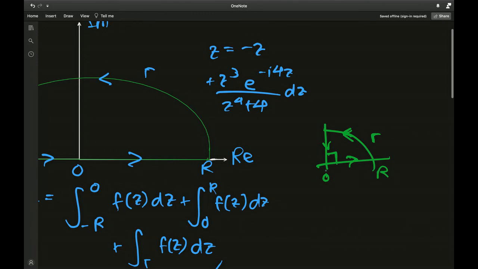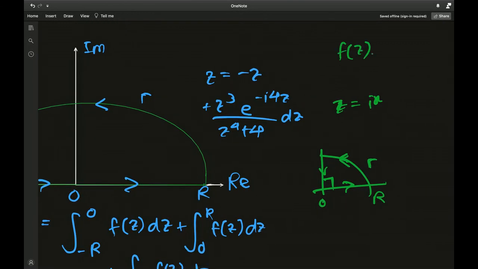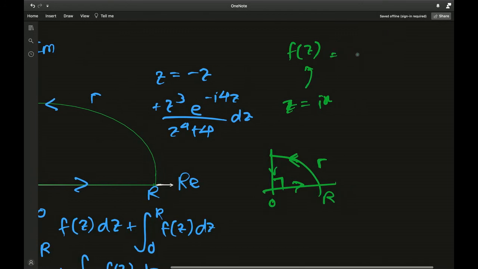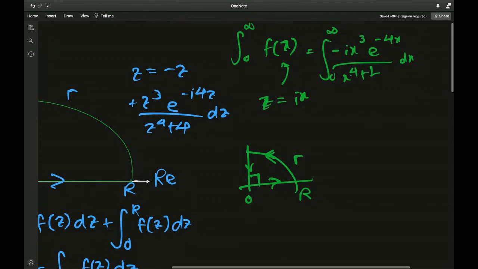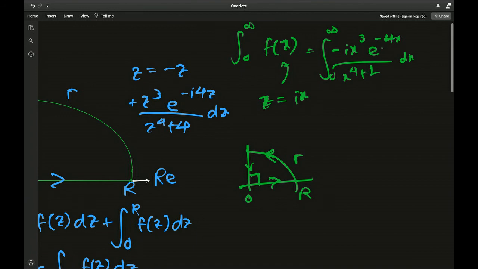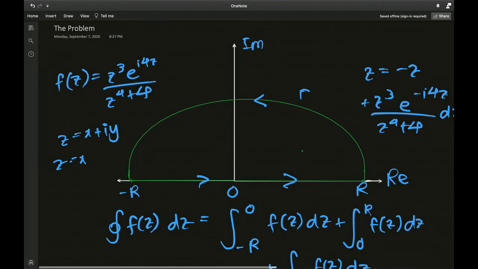But going on this imaginary axis, we'll have to take z as ix, and when you use that parameterization inside f of x, you will end up with negative i x cubed e to the negative 4x over x to the 4th plus 1 dx from 0 to infinity. And this is really hard to do because this is a regular exponential, it's not even imaginary. It doesn't have an imaginary argument. That's why this 90 degree contour won't work.